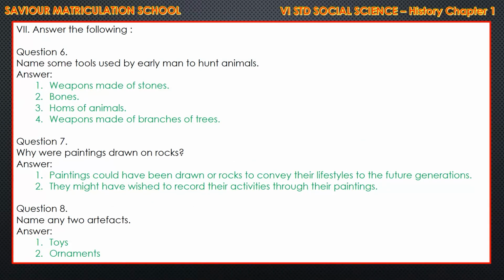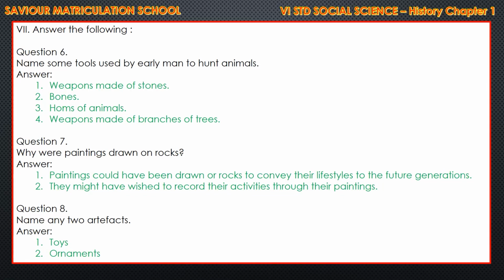And now we'll see the sixth question. Name some tools used by early man to hunt animals. Children, you say, just what are the tools? Answer, weapons made of stones, bones, horns of animals, weapons made of branches of trees. Very good.